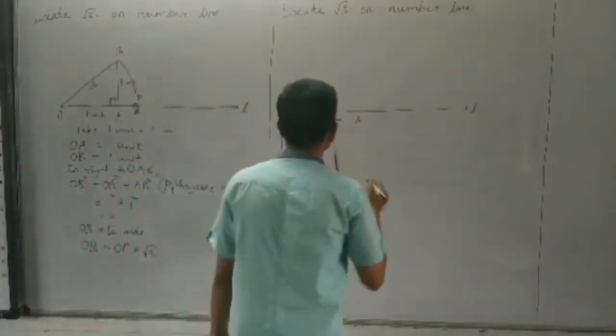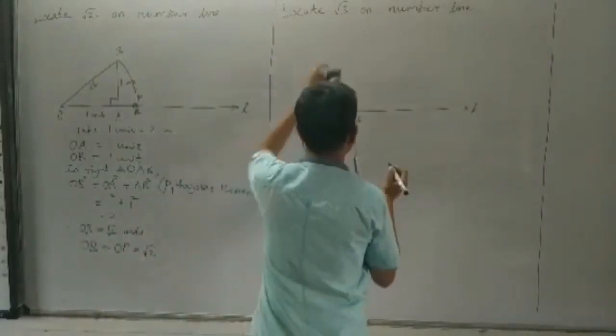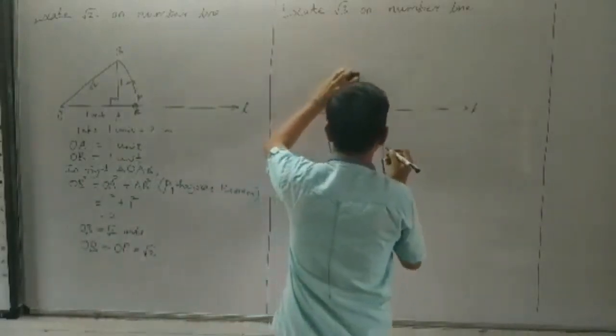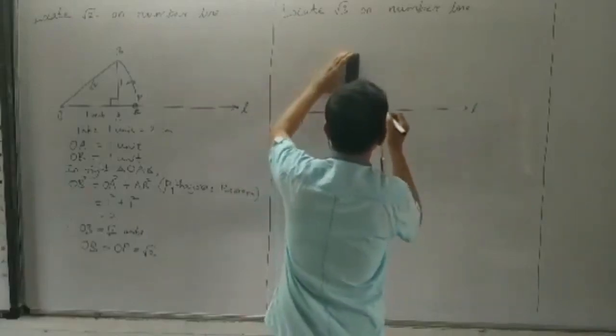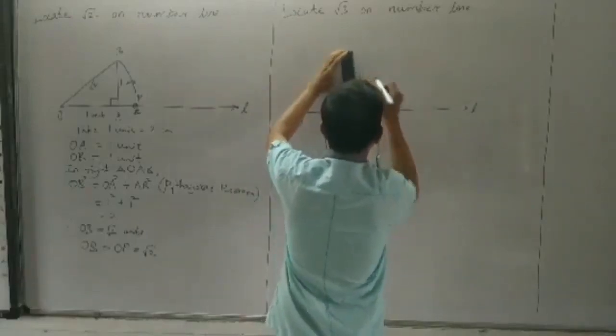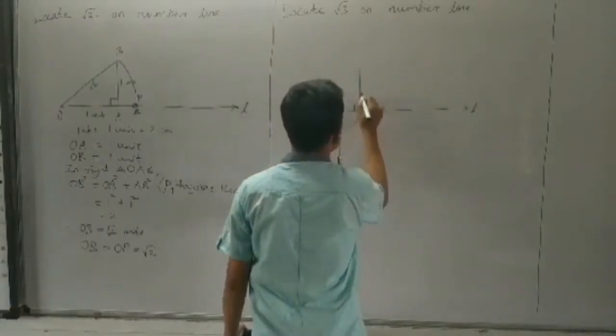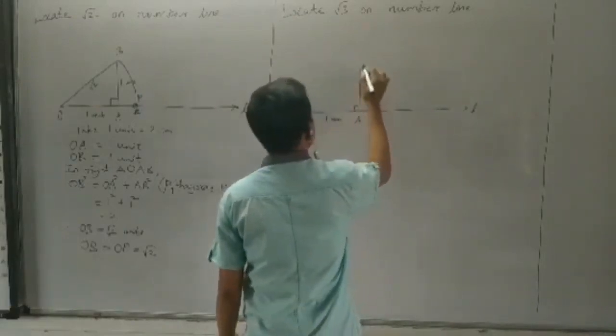And we proceed the same thing. Take perpendicular. This also 1 unit. And you join.